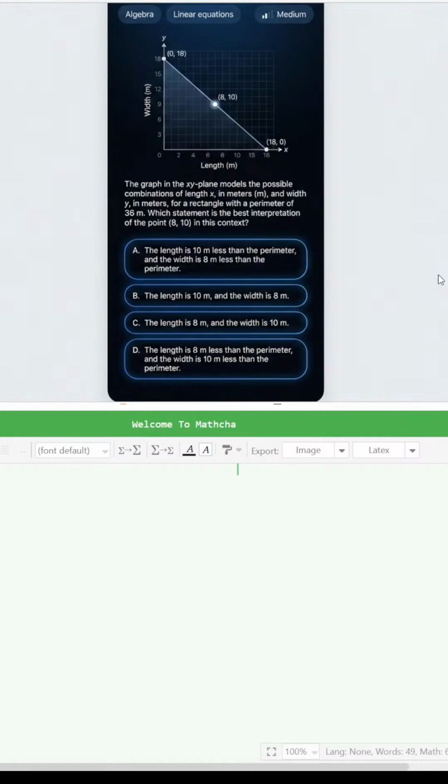Then the third option says that the length is 8 meters and the width is 10 meters. So that is the correct option because 8 is the x coordinate and 10 is the y coordinate. So x represents the length and y represents the width.